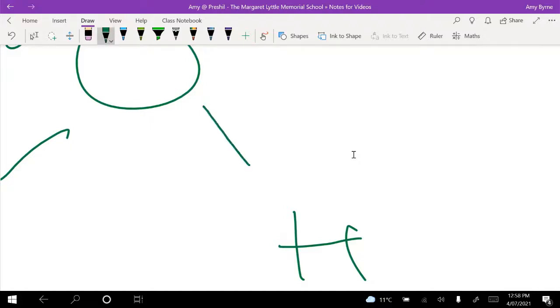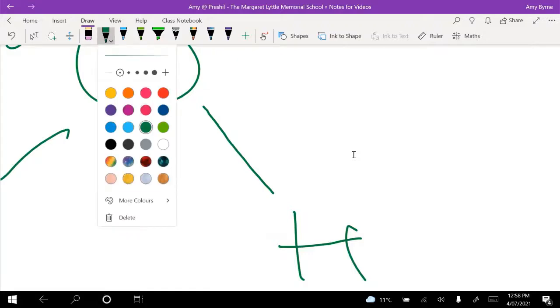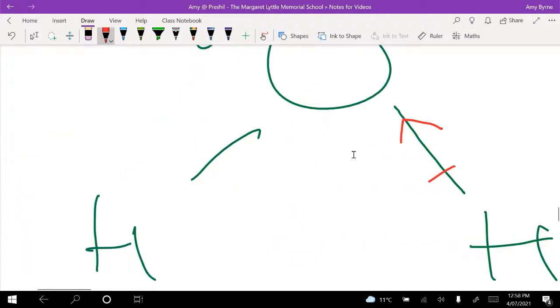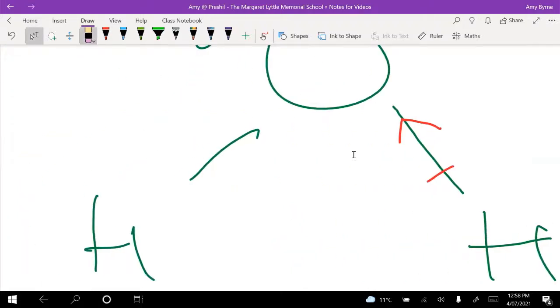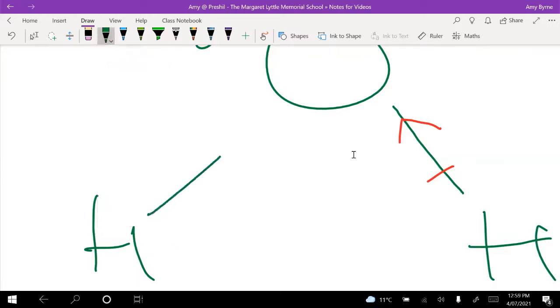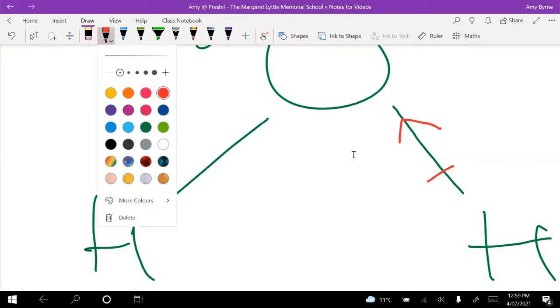Oxygen is a lot more positive. It's got a lot more positive charges in that nucleus. So it is going to pull on those electrons. The same thing goes with the other hydrogen, and this is because of that difference in electronegativities.